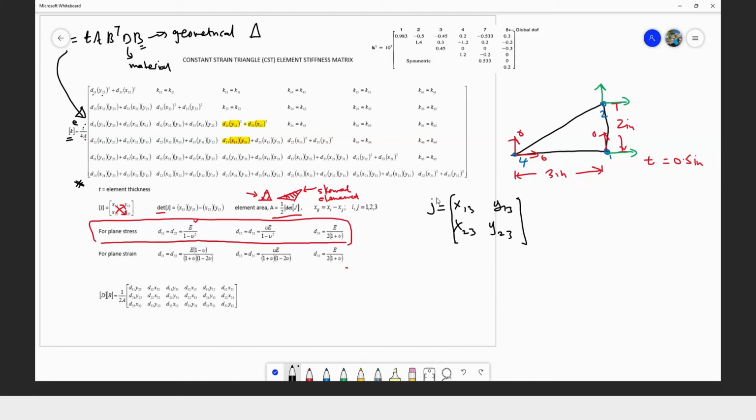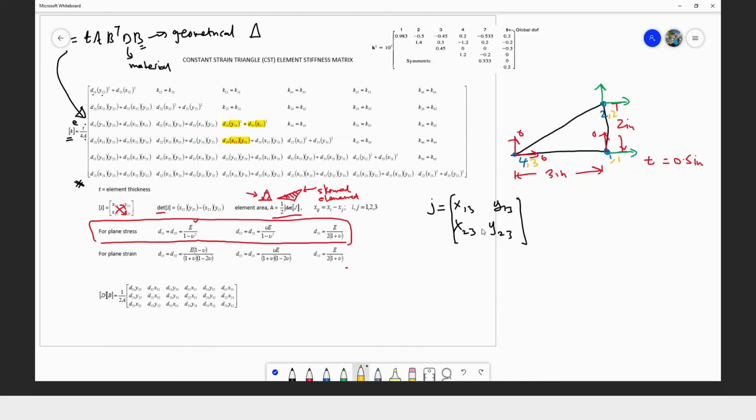Can any one of you try to solve this for me, please? In this case, if we look locally, we only have 3 nodes for one triangle. So if I write this locally, this is my node number 1, node number 2, and this will be my node number 3.